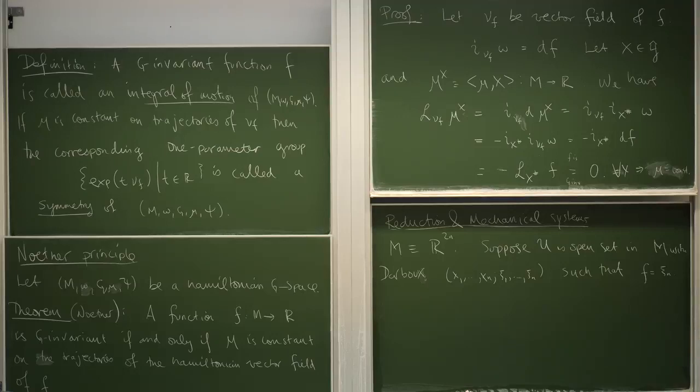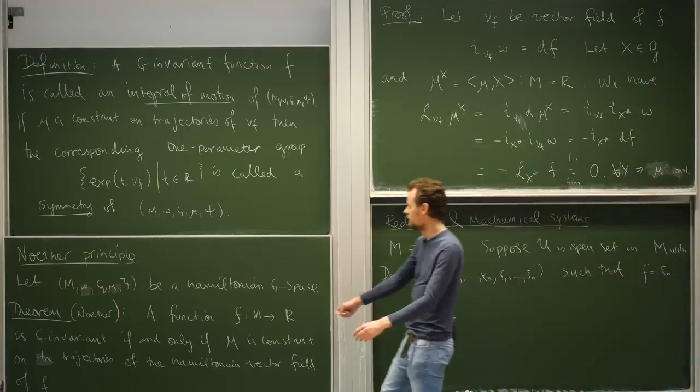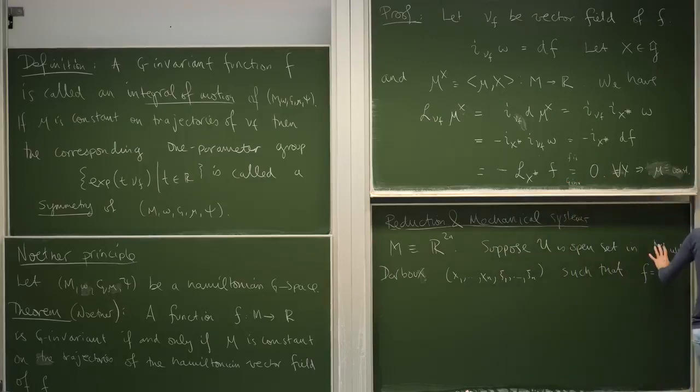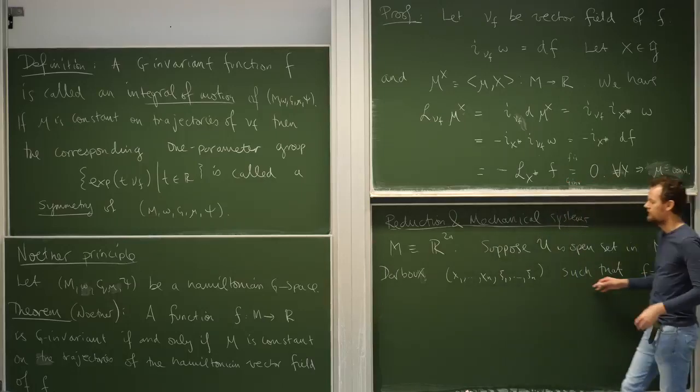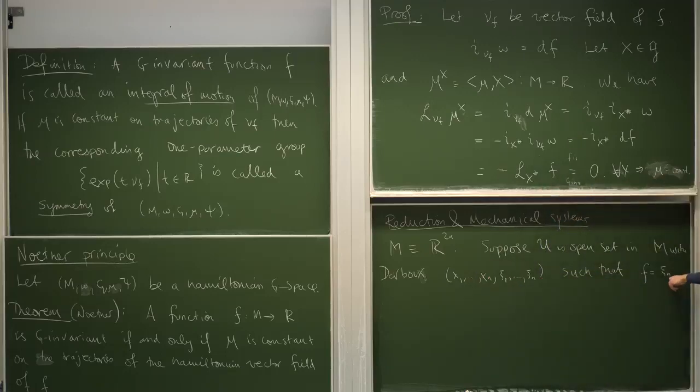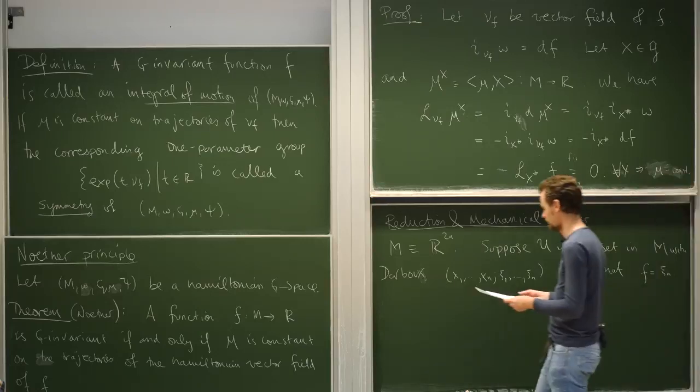I mean, there's a little bit of content to this statement here. We're going to imagine we have some function F that's G invariant, or at least time invariant. And we're going to demand that our coordinate system isn't just your favorite Darboux coordinates, but that the nth one actually corresponds to this conserved function F. So you can always do this by the Gram-Schmidt process, starting off with that coordinate and then completing it to a symplectic coordinate system.